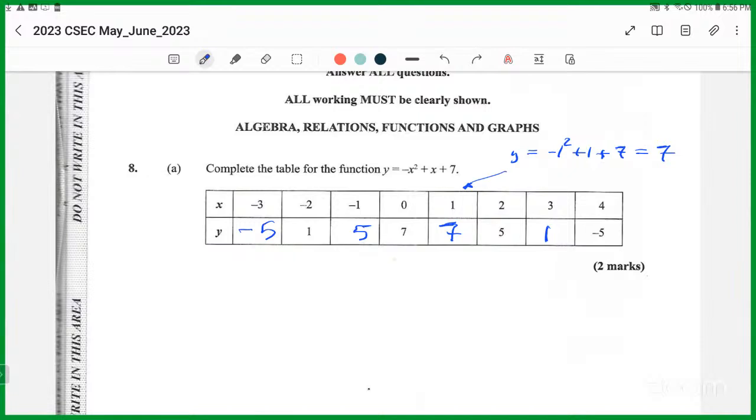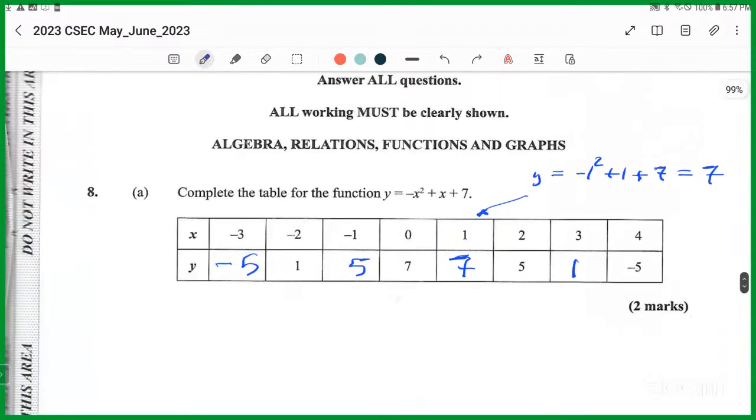The values are symmetrical. Understand that. No, the negative is not squaring.